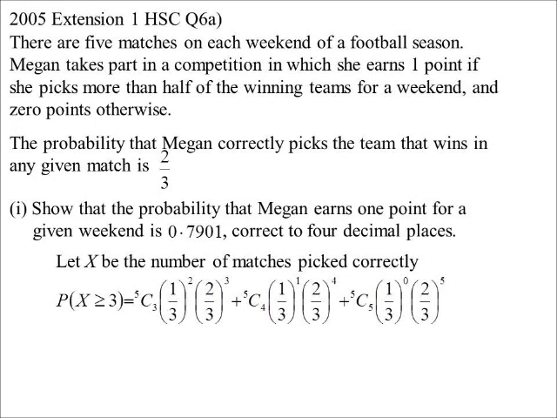It's power 3, 1/3 squared. 5C4, 2/3 to the power 4, 1/3 power 1. And of course there's the possibility that she picks all 5 of them. Unsimplified, bang it into our calculator or our phone. We could be using that, of course, as a calculator, which is what I, of course, assumed you would have been doing there. 0.7901.